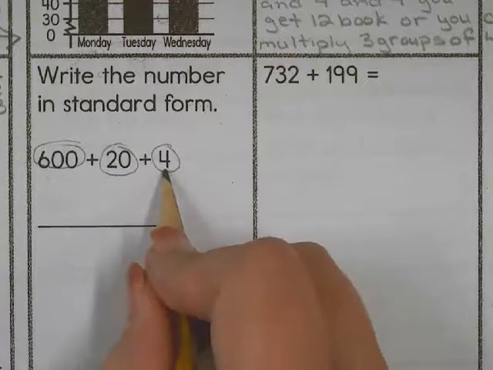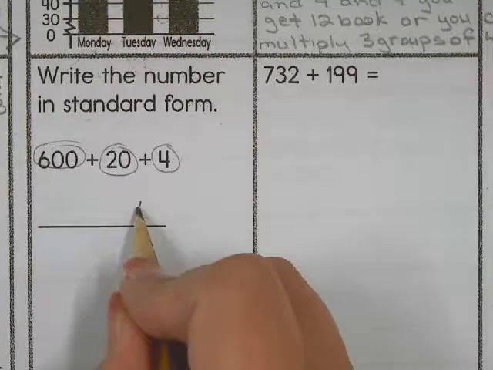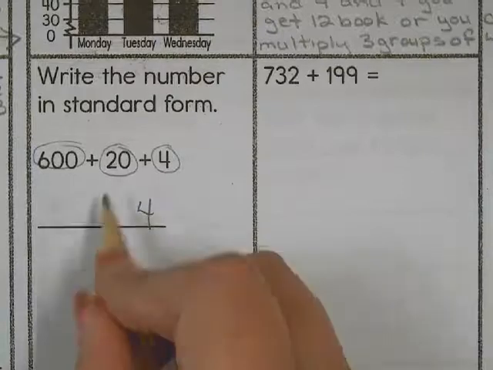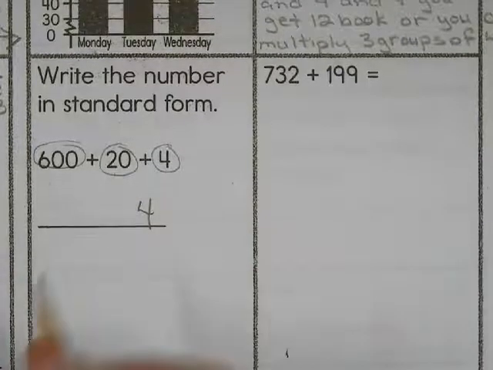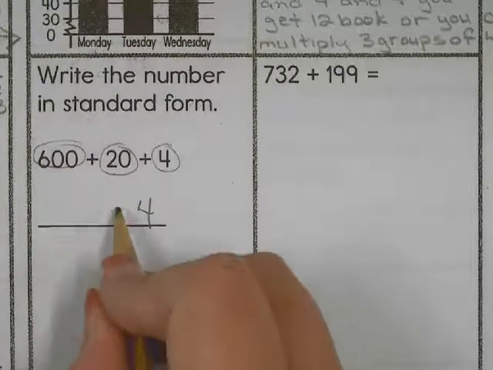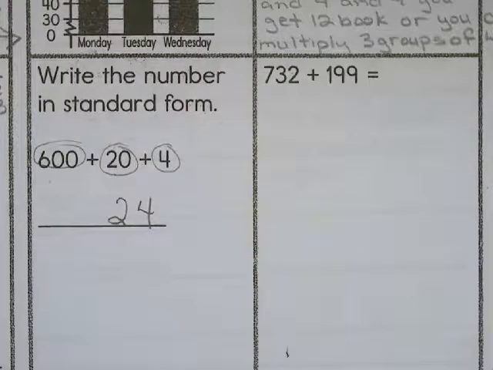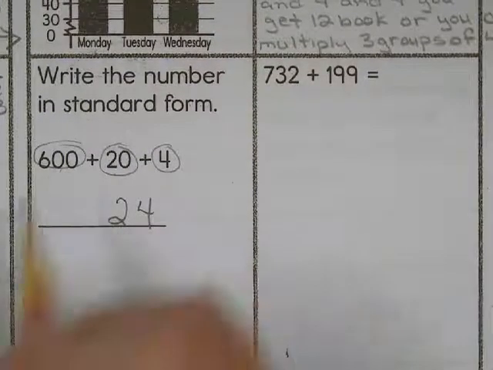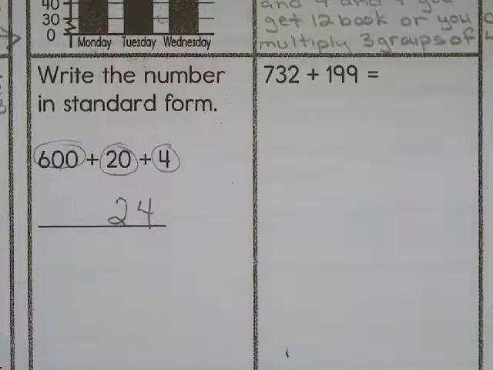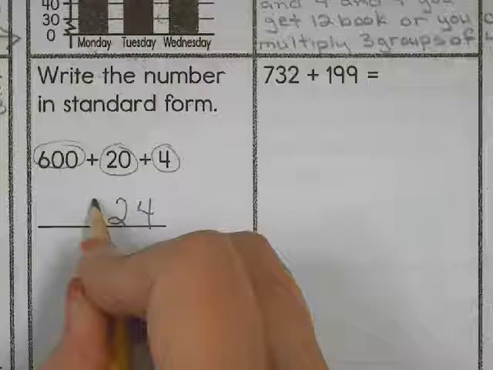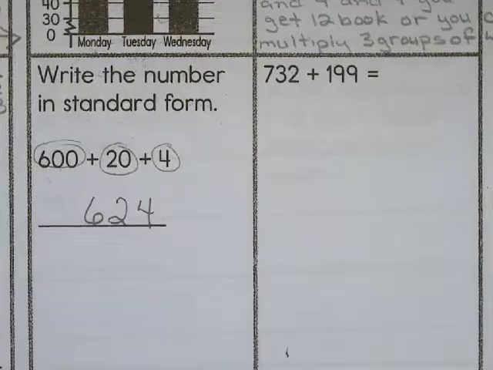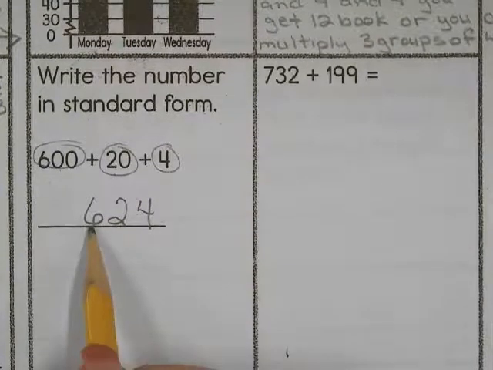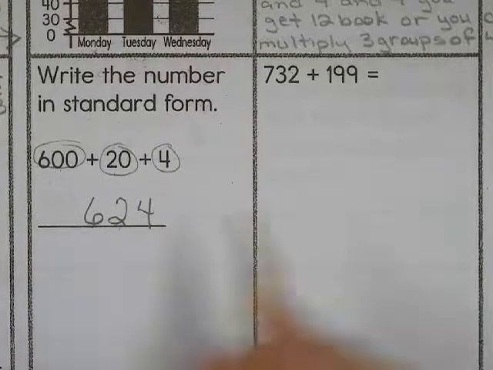So my 4 has a value of 4, and the digit 4 goes in the ones place. The 20 has a value of 2 tens, and the 2 digit is going to go in the tens place. And my 600 has a value of 6 hundreds, and the digit 6 is going to go into the hundreds place. So when I write this number in standard form, we're going to write it as 624.